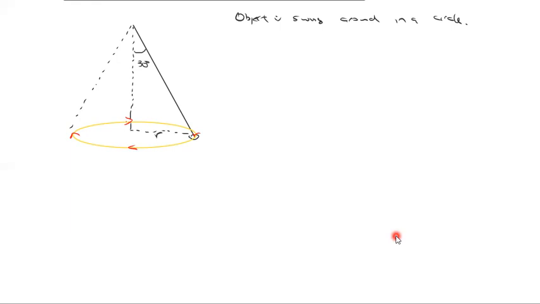So I might say the object is moving at, let's say, 10 meters per second is probably too fast, so 5 meters per second in a horizontal circle.